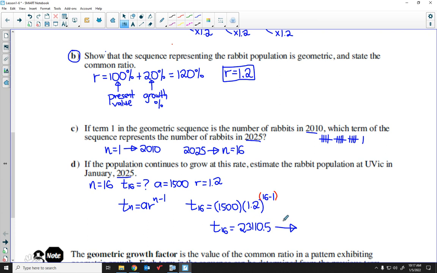You can't round up because you actually don't have that number of rabbits. So we're going to round down. And then we would get term 16, which is the rabbit population in 2025, would be 23110.